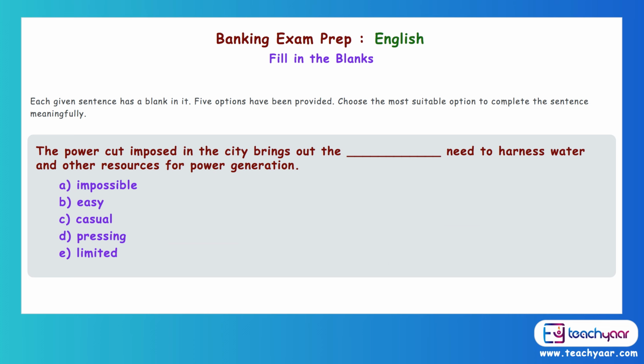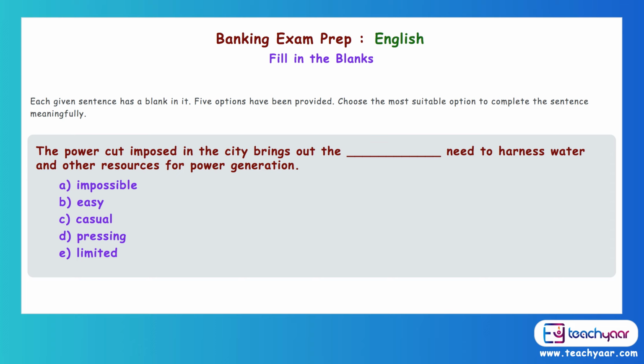Now the next sentence. The power cut imposed in the city brings out the blank need to harness water and other resources for power generation. Now this is also relating to a problem. What is the problem? Power cut. So when there is a power cut in a city, what happens?